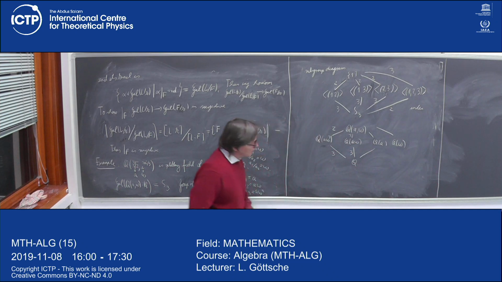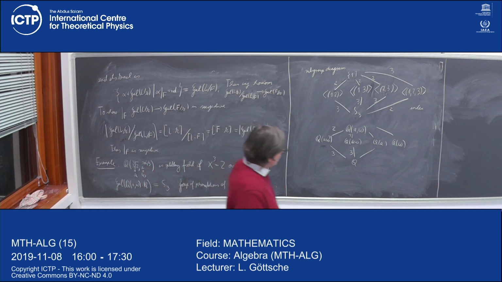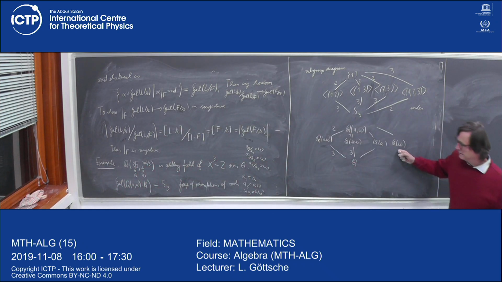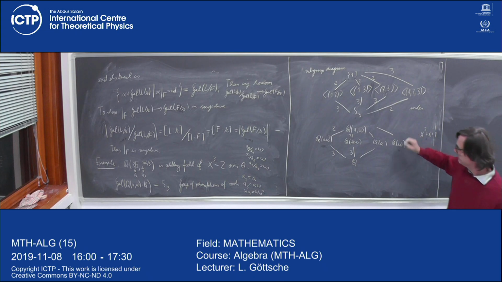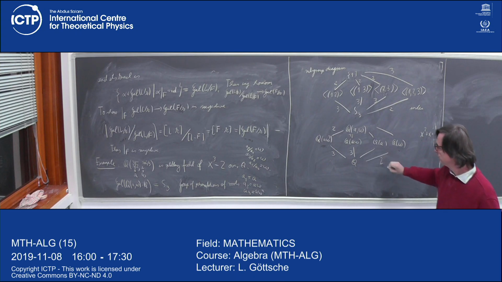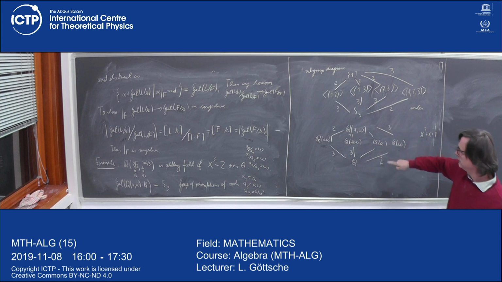And now we know that omega is a zero of a polynomial of degree 2, namely the minimal polynomial would be x squared plus x plus 1. And so the degree here over Q is 2, and so therefore the degree is 3. So it is the correct thing.